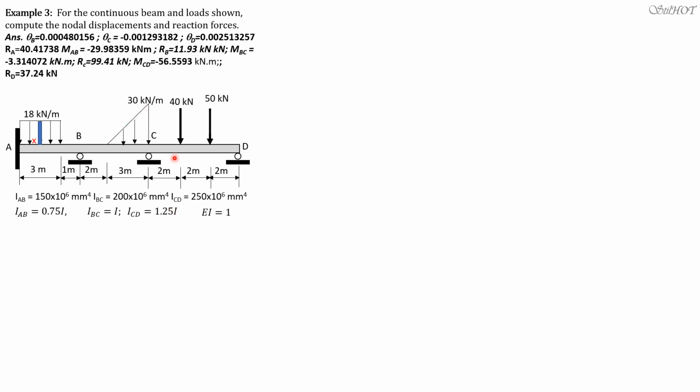Likewise, for this triangular load, our x is from the zero load to the centroid of that strip. Since 30 divided by 3 is 10, the height of the strip is equal to 10x if you apply similar triangles.